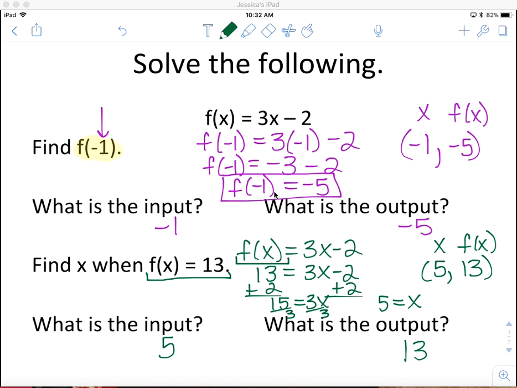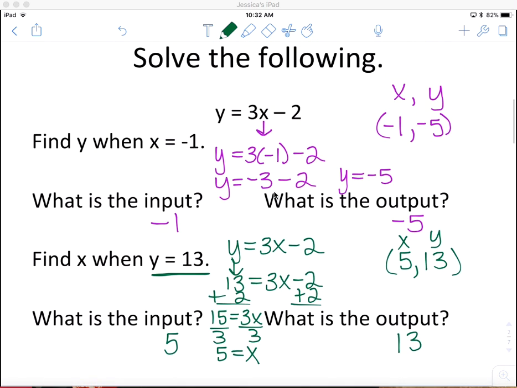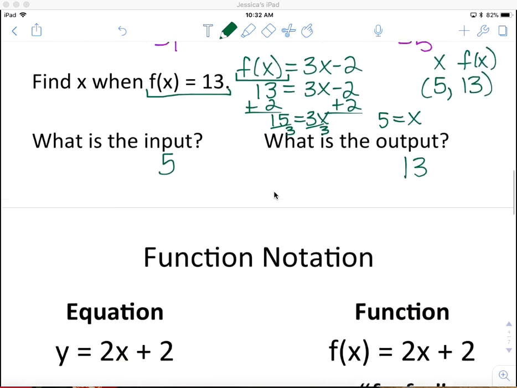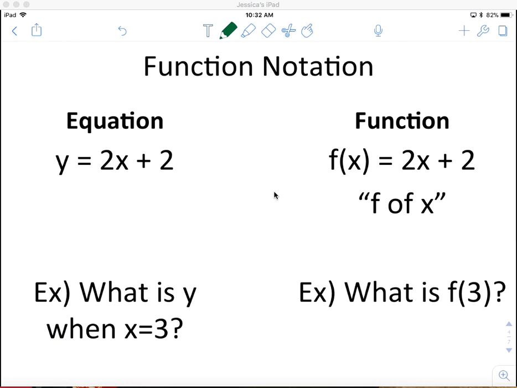When you compare this to the work we did before, the solving steps are the exact same. Again, it just looks different because we're using f of x instead of y. So let's compare the two side by side. You are used to seeing equations with y equals.